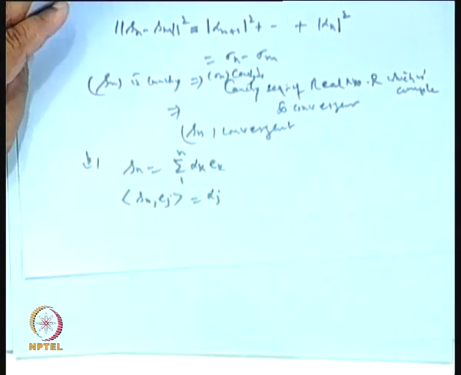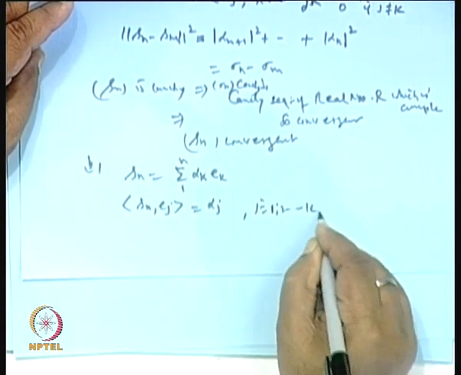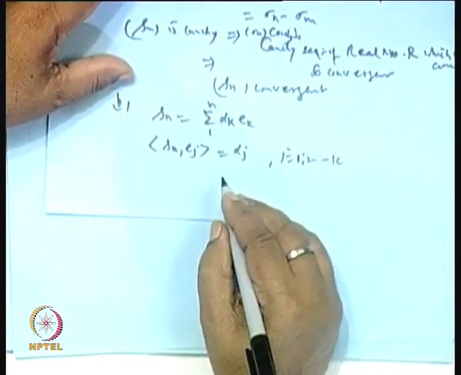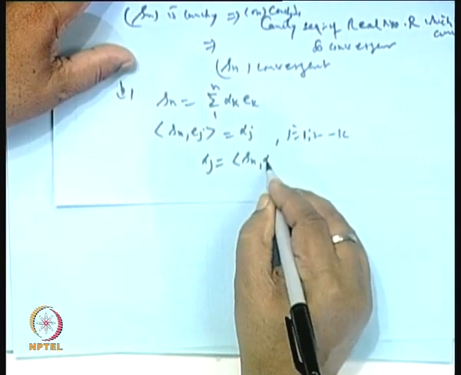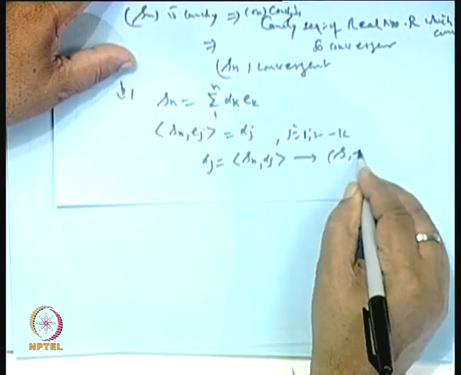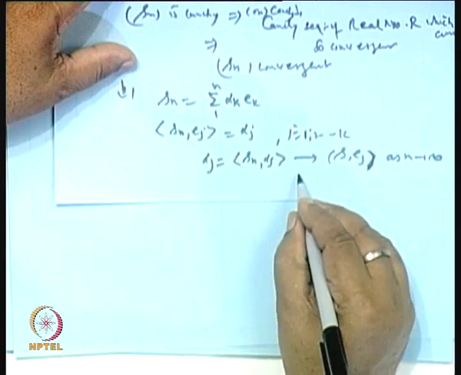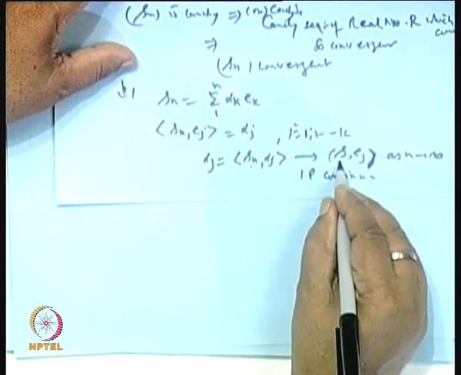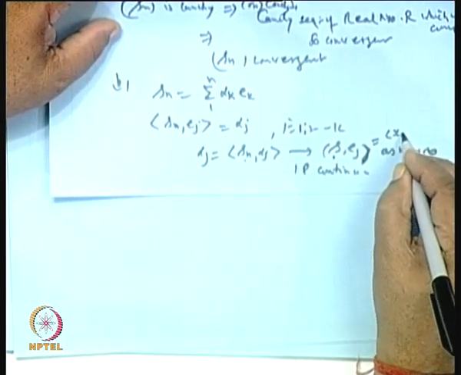Is it not alpha_j? So, alpha_j, which is the inner product of S_n and e_j, will go to the inner product of S and e_j as n tends to infinity, because the inner product is continuous. So, S_n goes to S. Okay. So, this means nothing but the inner product of x and e_j. Okay. So, this again completes it.